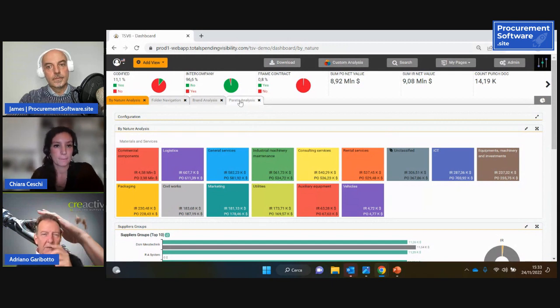And I want to point out one interesting thing here: if you go to the smart pies on the top of the screen, you see clearly that you are spot buying. You are not buying using a frame contract. This is a kind of spend that is absolutely out of control from the procurement perspective.